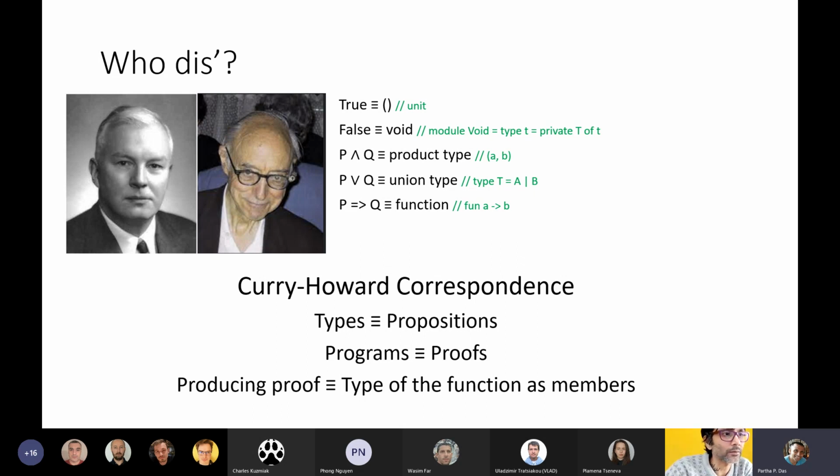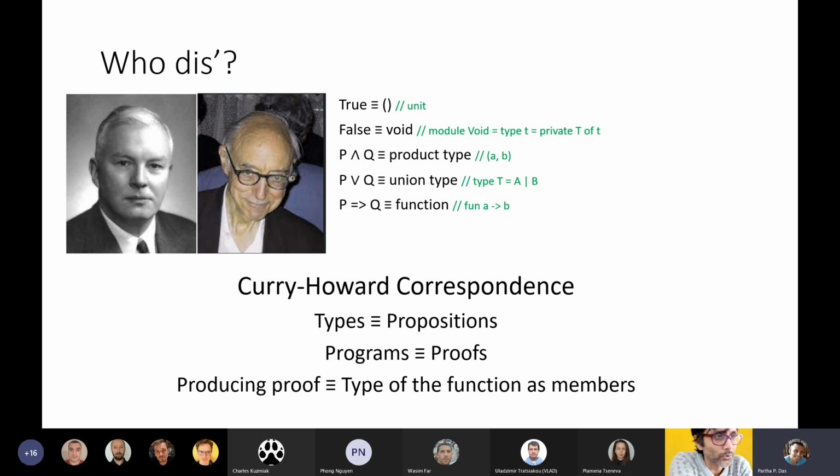Union type, discriminated union, is equivalent to the logical OR. And finally, the logical implication is the same as a function, right? So pretty much you can see, like to have a formal proof of a proposition, you use the ones on the left hand side. And the ones on the right hand side are also what you pretty much use on a day-to-day basis to code up, right?